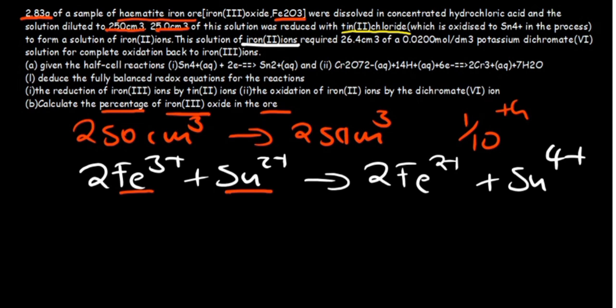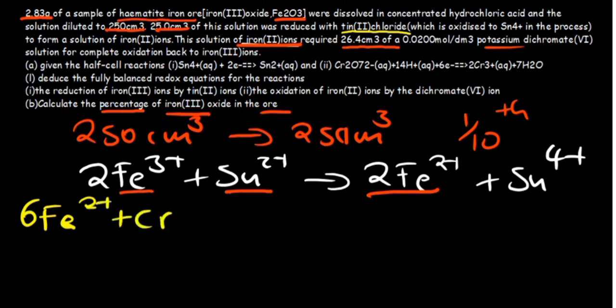Now it required 26.4 cubic centimeters of the potassium dichromate, which takes us to the other equation where the iron 2 is reacting. So I write it: we had 6 of that. This was the other half reaction which we had balanced, and this had given us that.